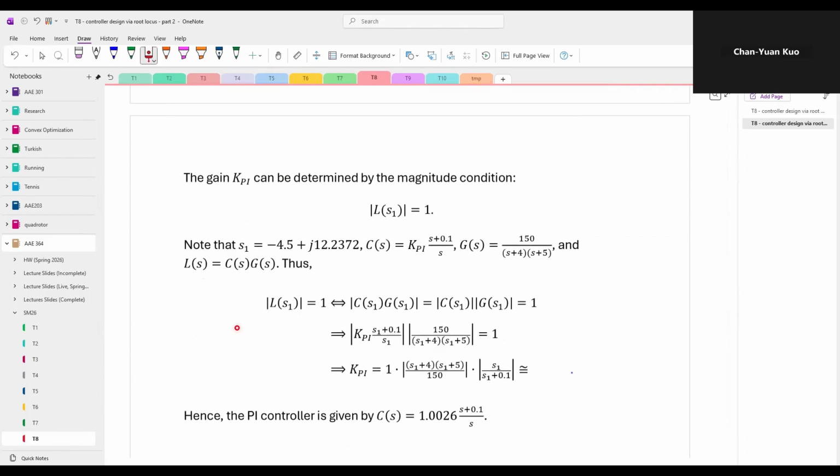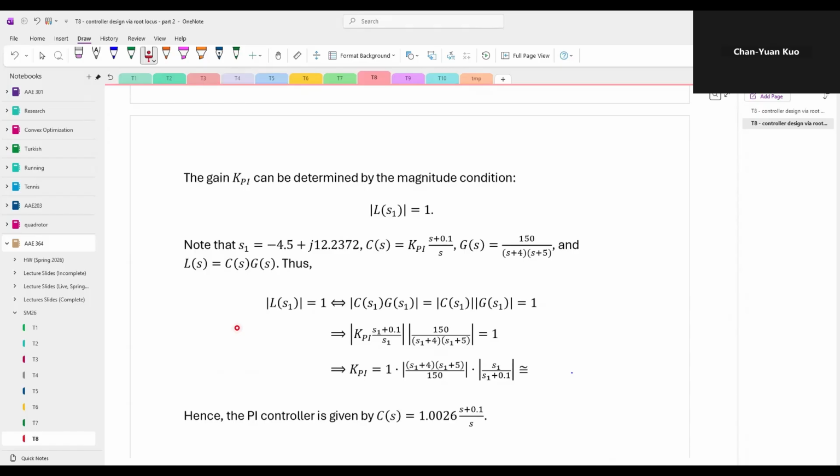Since the open loop transfer function L is a cascade of the PI controller and the plant, and the original dominant poles are assumed to be on the root locus of the compensated system, we can substitute these expressions into the magnitude condition and evaluate them at the original pole location.